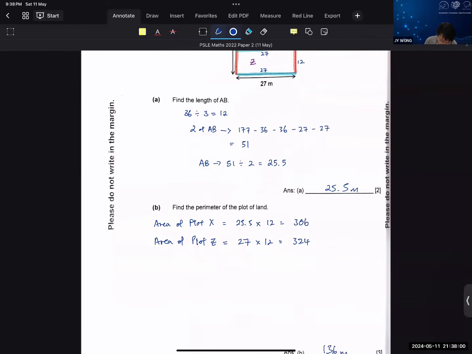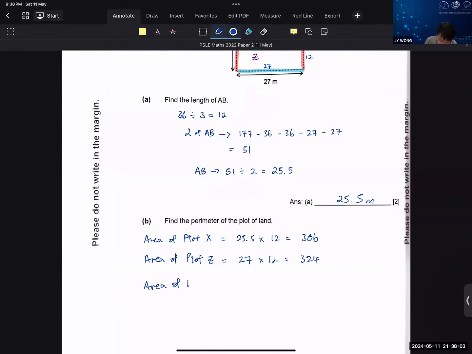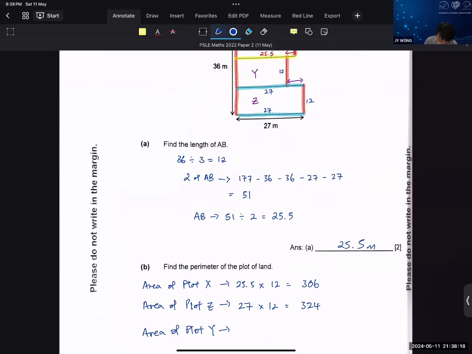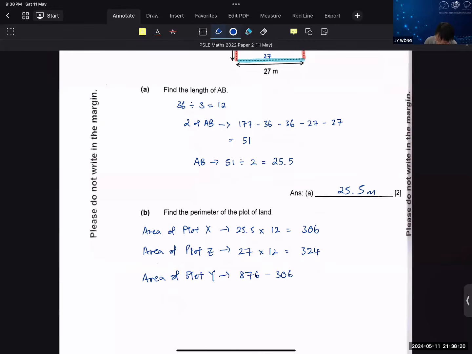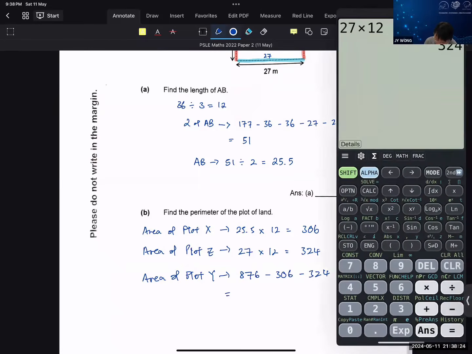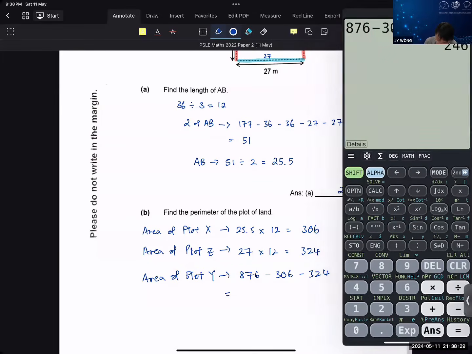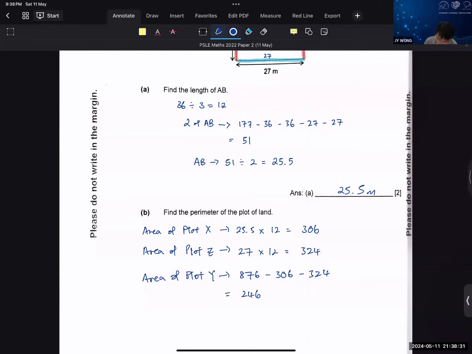And therefore, I can now find my area of plot Y. So the total area here is 876. So 876 minus away plot X minus away plot Z. You get 246.